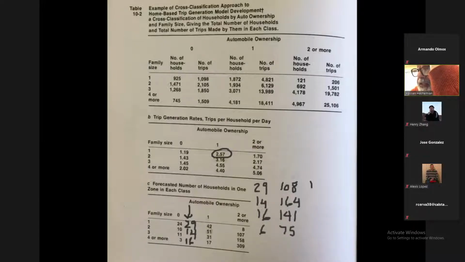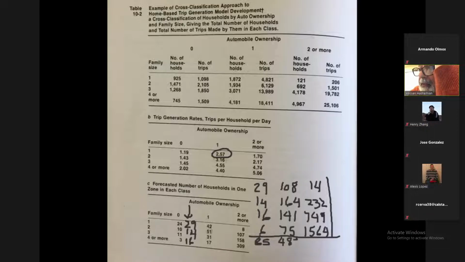And then we end up with 14, 232, 749, and 1564. So what would be the total on the column? 65, 488, and 2559.